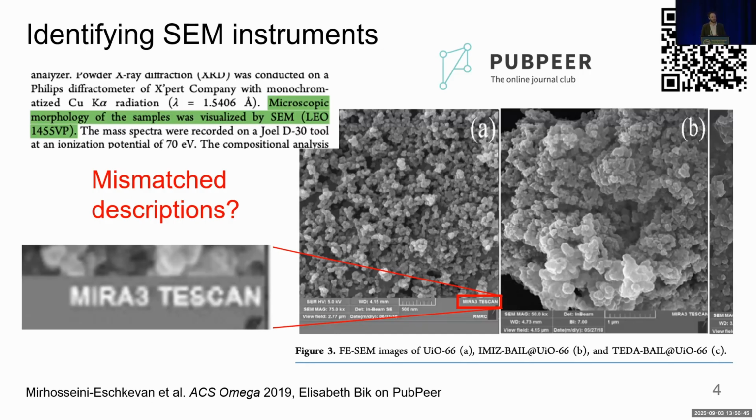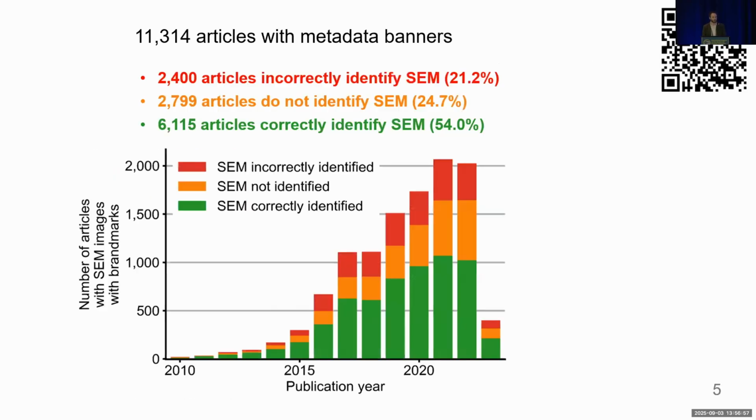I don't have time to get into the nitty-gritty of the pipeline itself, but in short, it involves optical character recognition and manual comparison of the extracted text from both the image and the text of the article itself. And in the end, we narrowed down to around 11,000 articles for which these metadata banners were still inside the article.